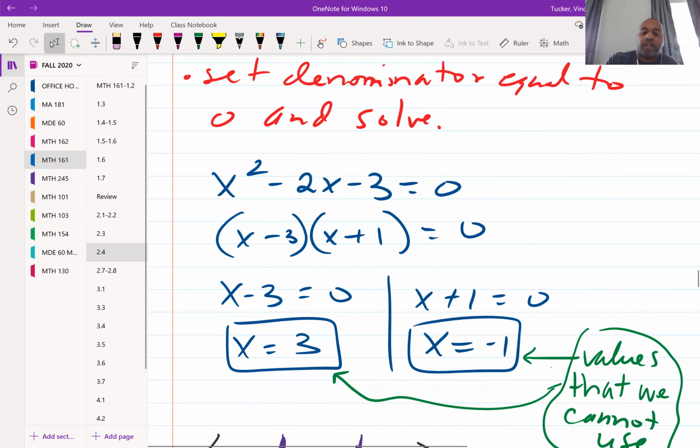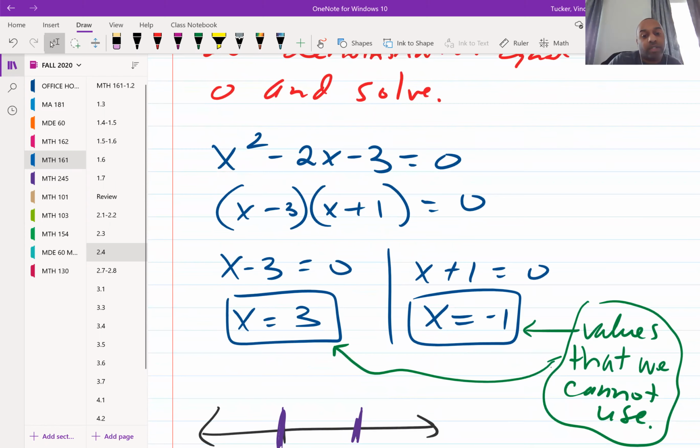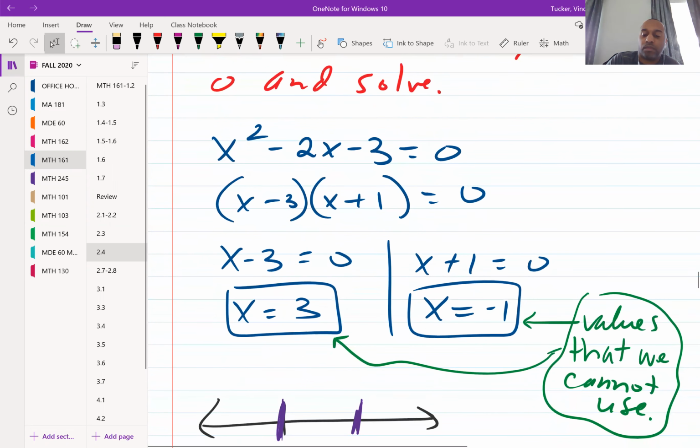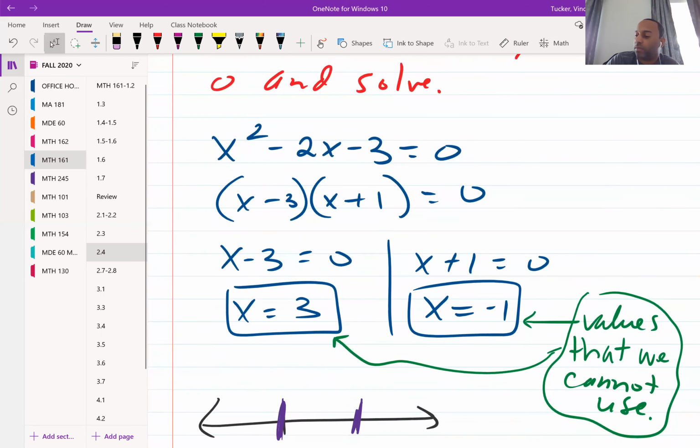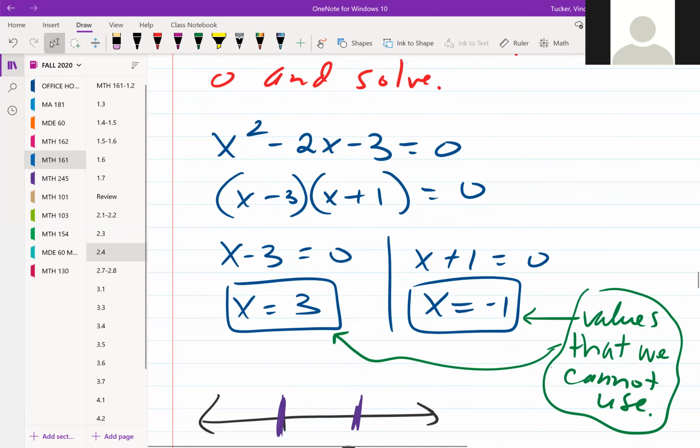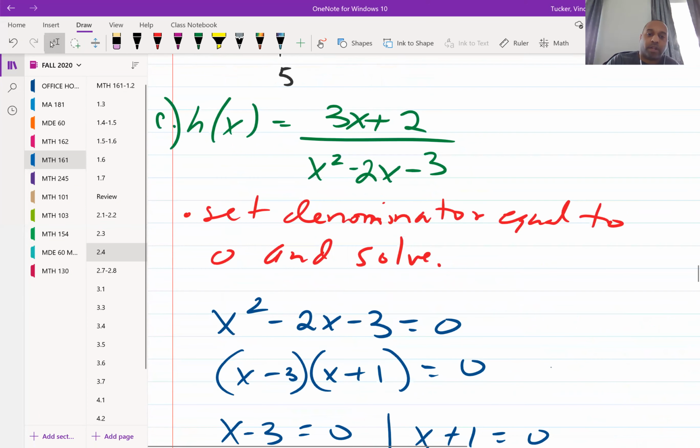Once again, these are values that we cannot use. These are not solutions. These are the values that we cannot use. 3 and negative 1. You can't use them because why again? These are values that make our denominator 0. Remember, we took the denominator, set it equal to 0.